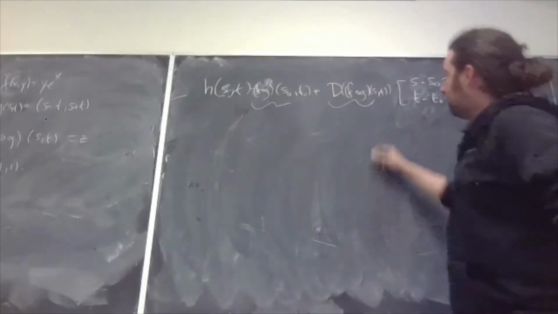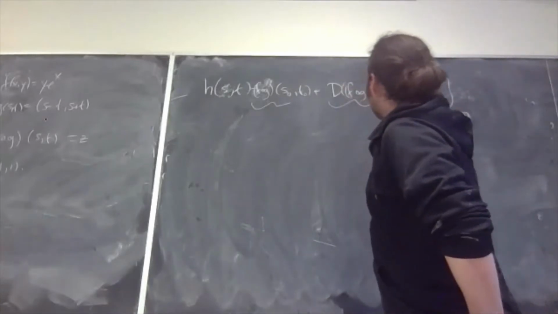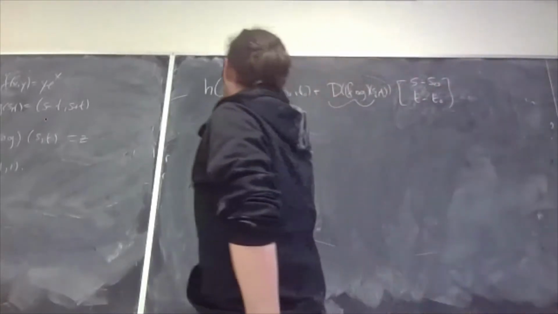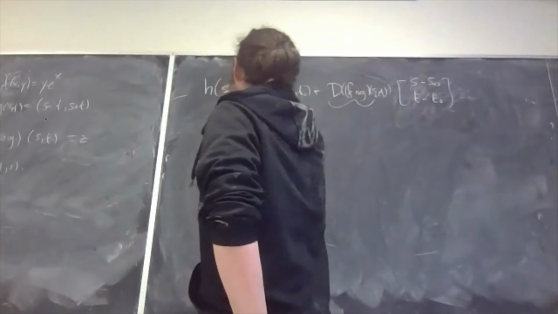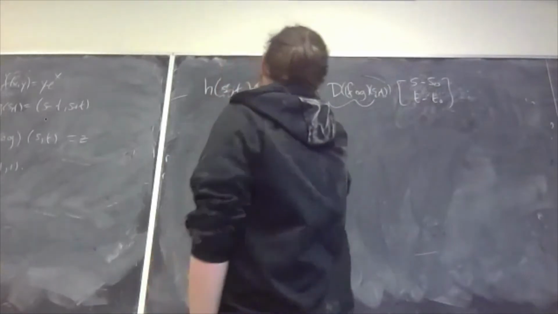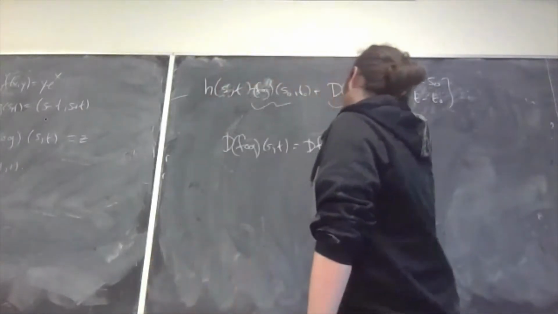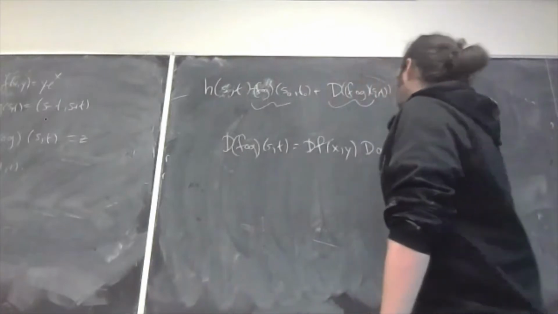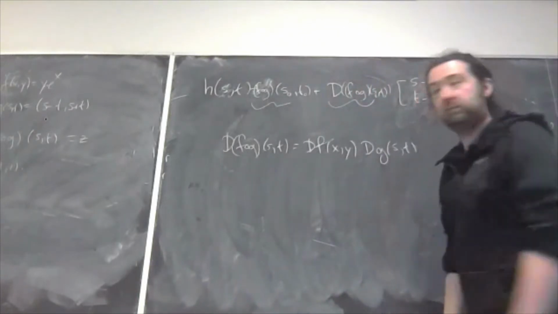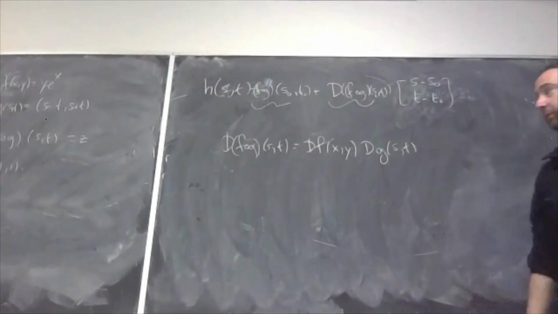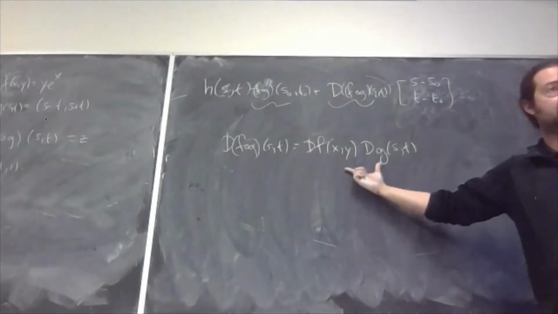Okay, so really the only question here is, oh, and this is also s naught, t naught. The question is, what's this? The d of f composed with g of s and t is supposed to be equal to dF in its original variables times dG in s and t. The only possible thing we have to worry about here is this computation, right?